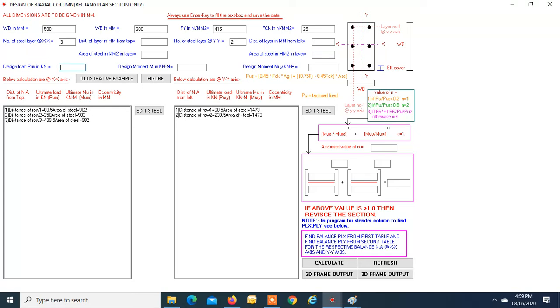Axial load is 1200. Now MUX we take as 108.8, which we got as the total moment including additional moment, and MUY is 73.2. So we want to check whether this section is safe.